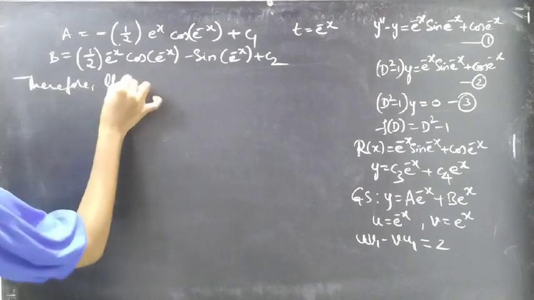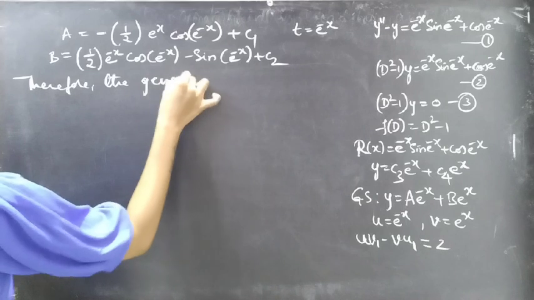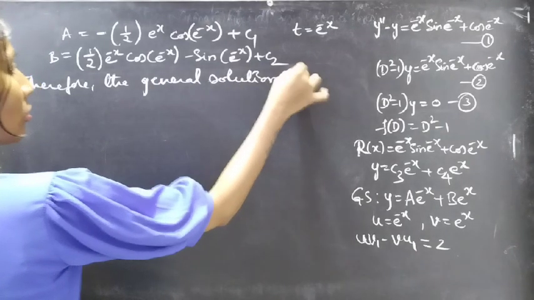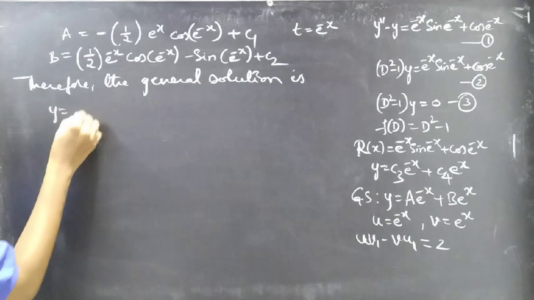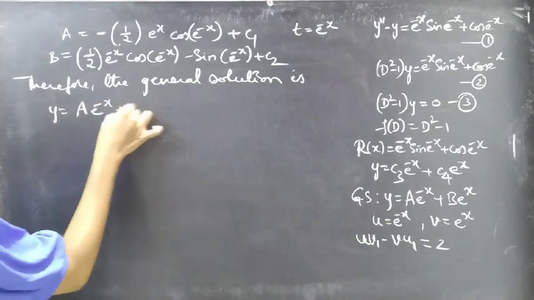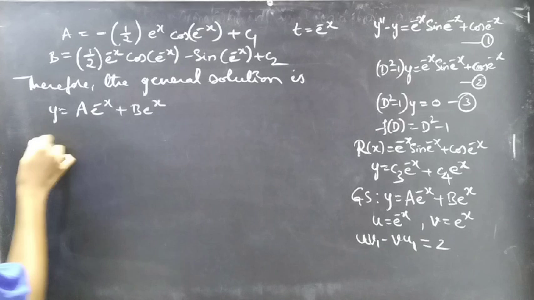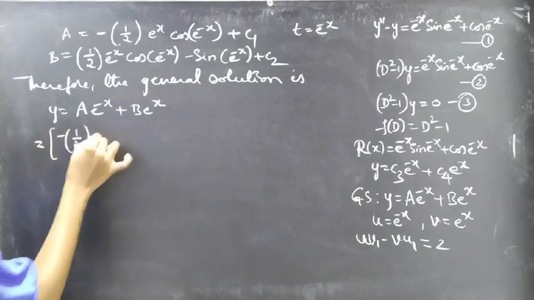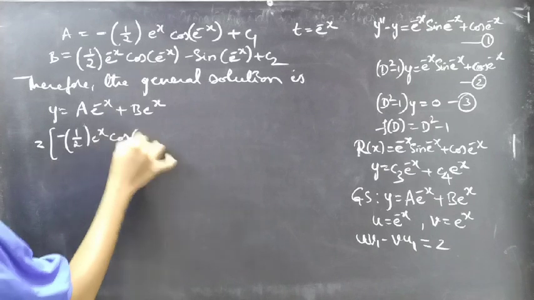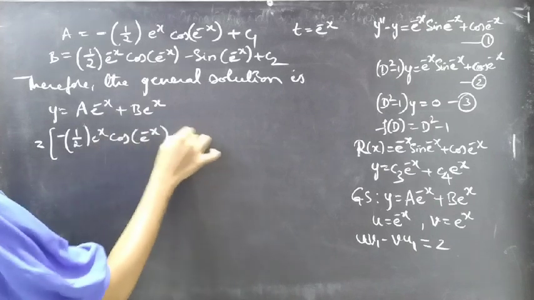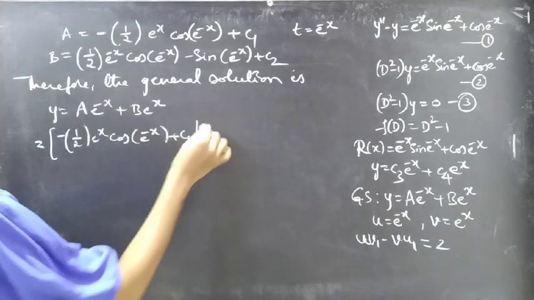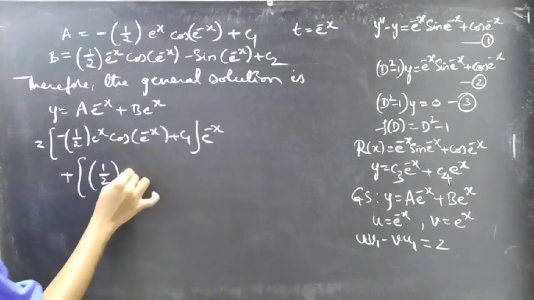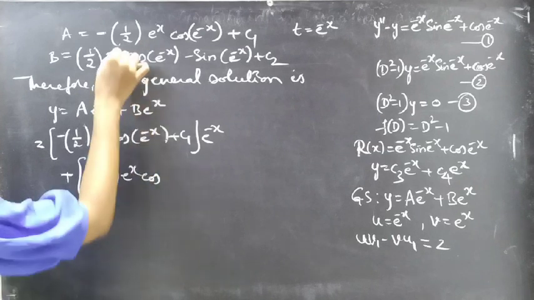Therefore, the general solution is given by y equal to a e power minus x plus b e power x. Substitute a and b: minus 1 by 2 e power x cos e power minus x plus c1, into e power minus x, plus b, 1 by 2 e power x, cos, it's minus x, right?